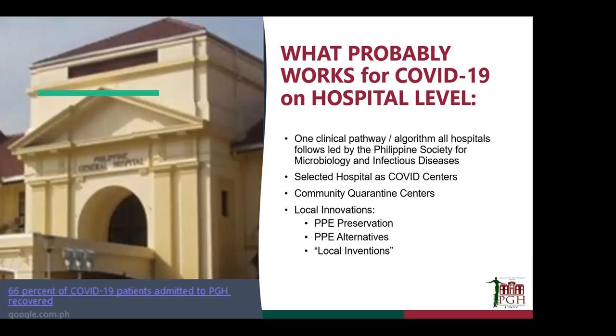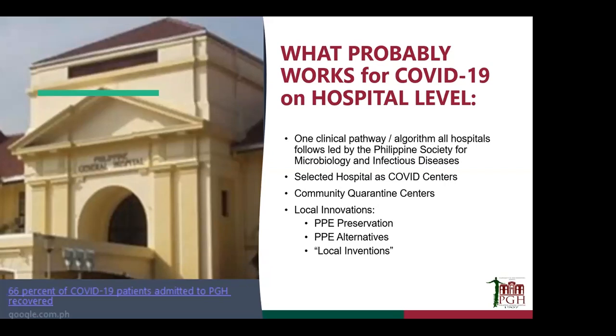We have a lot of experts who are working with us here. We've been able to upturn and overturn our hospital. So now we have a maximum of 130 beds, all in cohort bed placement, to be able to accommodate the COVID positive patients. We also network with the community quarantine centers.